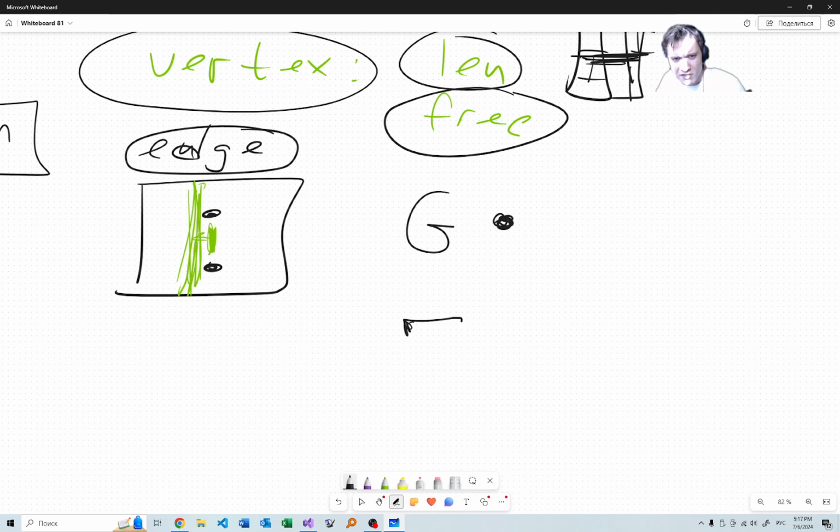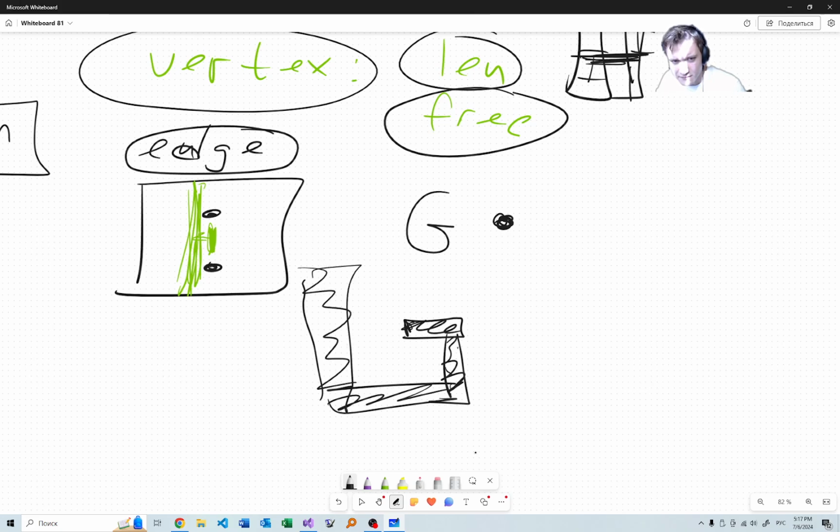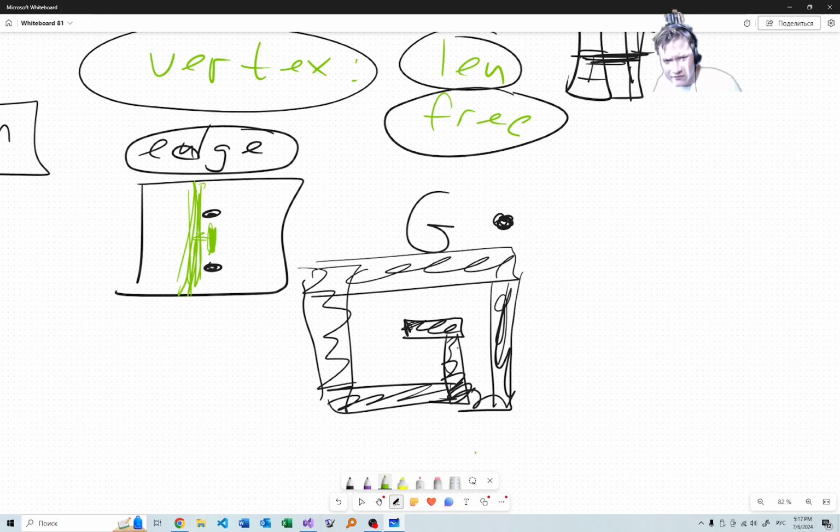For example, you can draw something like this, some spiral. So there are several vertices. This is a vertex, this is a vertex, this, this, this, and this.